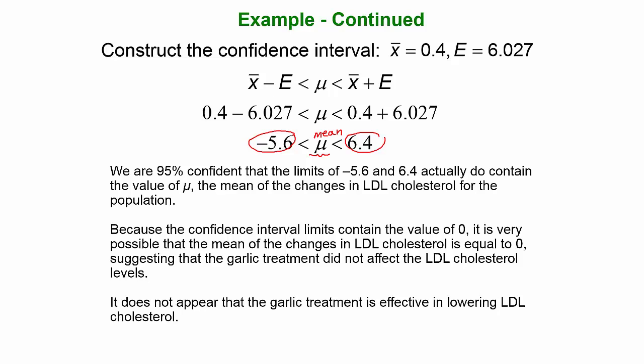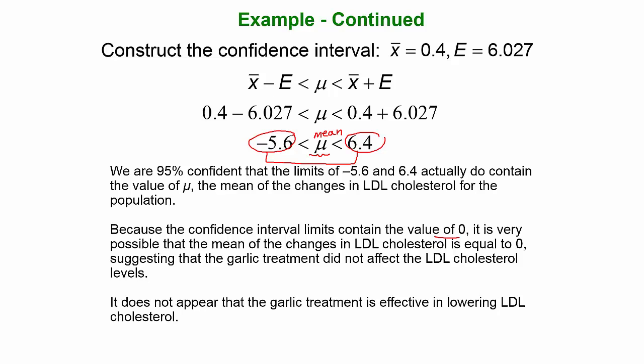Here's an interpretation of this answer. We are 95% confident that the limits of negative 5.6 and 6.4 actually do contain the value of mu, the mean of the changes in LDL cholesterol for the population. Because the confidence interval limits contain the value of 0, so notice that it goes from a negative to a positive, it does overlap 0, and it is possible that the mean of changes in LDL cholesterol could be 0.